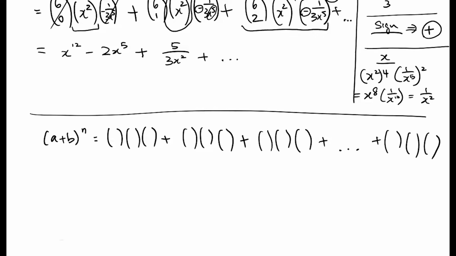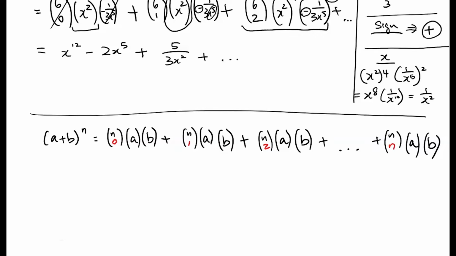And all the terms have something in common, which is n, a, b. What differs from one term to the next is the number below. So it starts from 0, 1, 2, 3, 4, 5, and so on until we end at n.